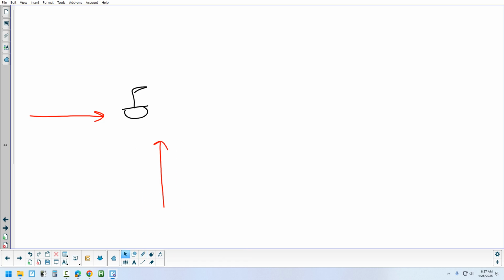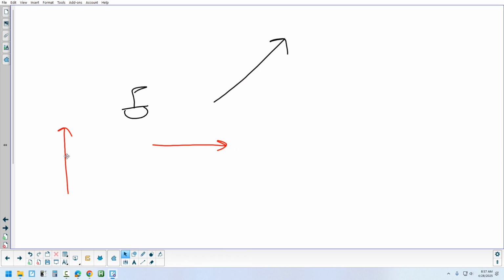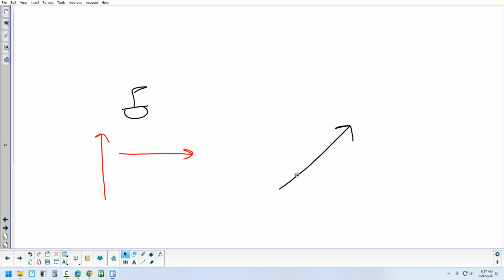If I want to know what the vector would look like for the boat, this is what I would do. And I'm going to show you how to do this in a second. That vector in black represents the combination of the two in red together. So the important thing to understand is when you take a vector and you add it with another vector, you get a new vector.